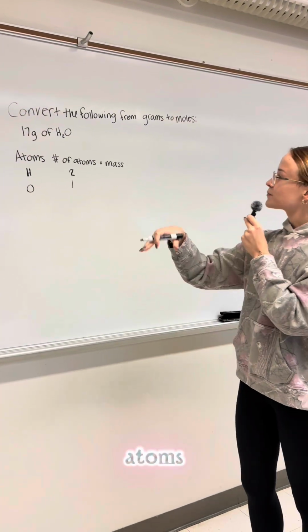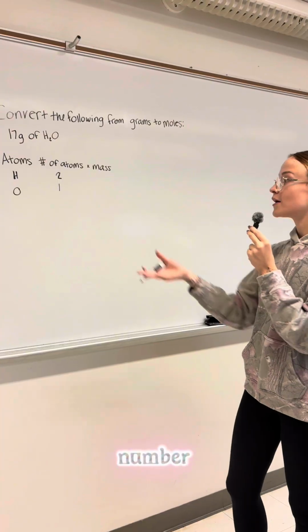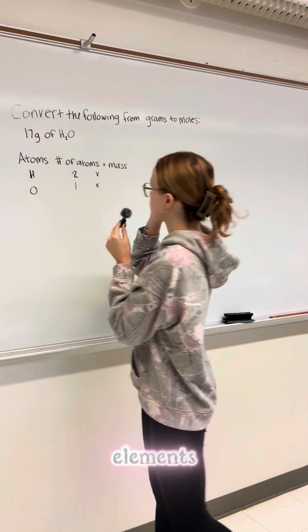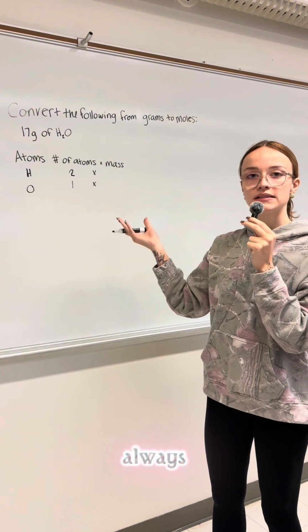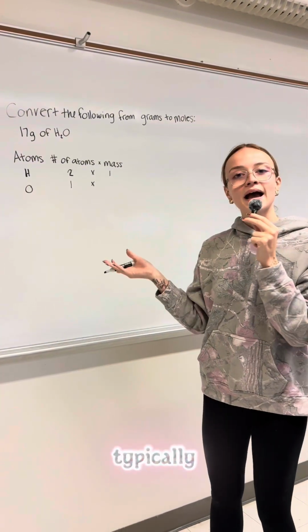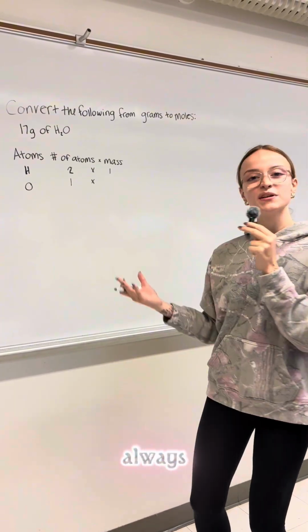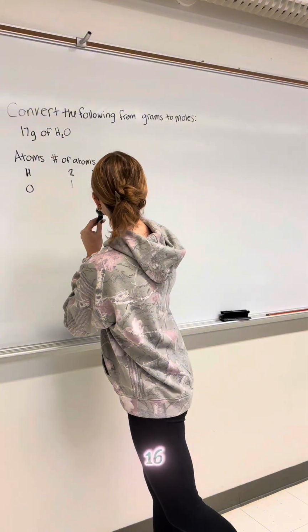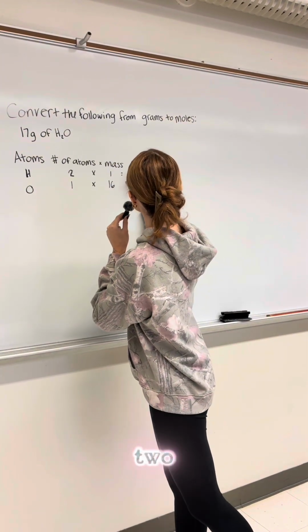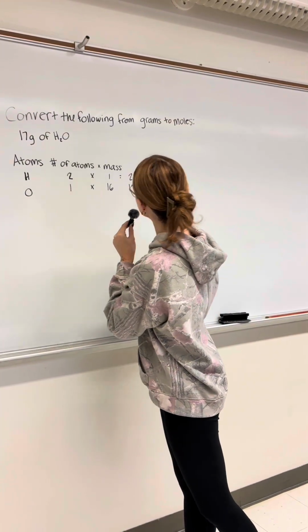Once we find the atoms and the number of atoms, we then have to multiply it by the mass number of each atom. We can find that on our periodic table of elements, but we know hydrogen always has a mass number of 1, and oxygen typically has a mass number of 15.99, but we always round, so we will round that to 16. 2 times 1 is 2, and 1 times 16 is 16.